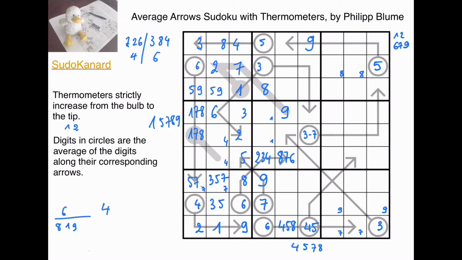The 9 goes there. So that's an 8, 9 pair. And we get 1 and 4 here. So that's 5. We need another 7 here. The available digits here are 2, 6, and 7. So this is 2 or 6 together with 5 or 1.